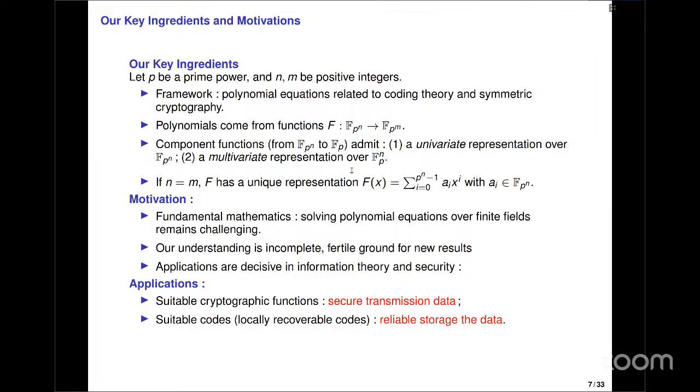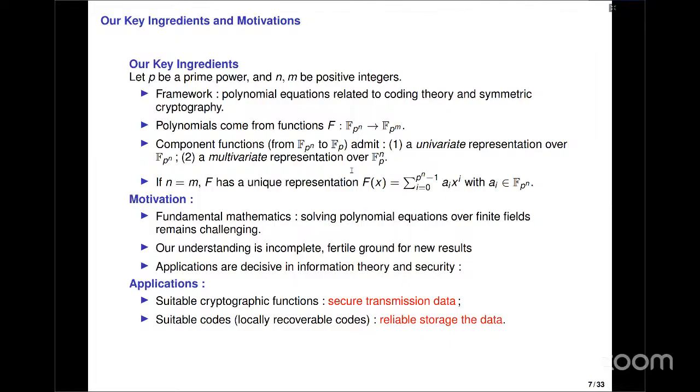Both of them are polynomials, and it's a unique representation of any function between two finite fields. In general we need it, and in practice you will see that.